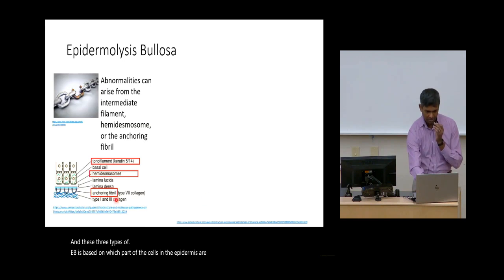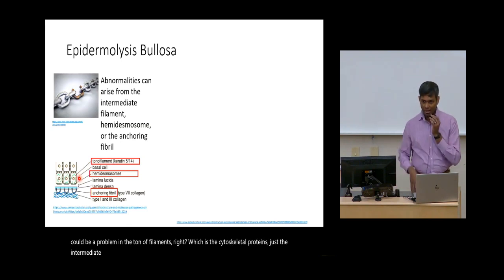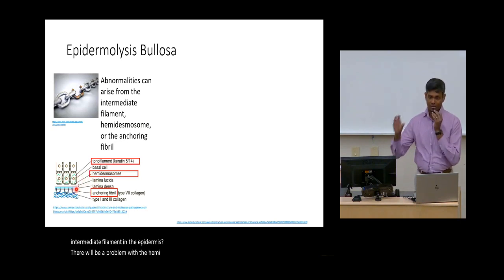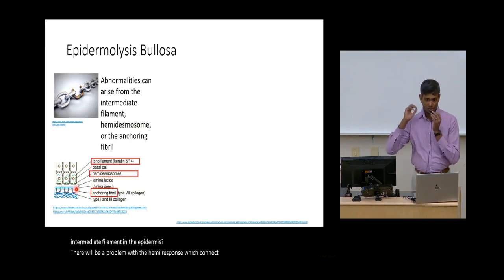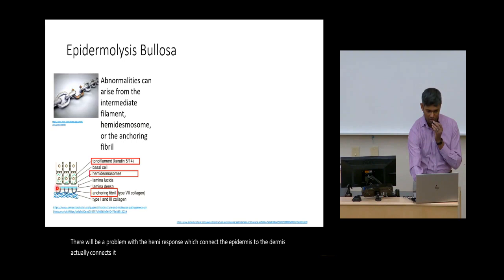So we find that there could be a problem in the tonofilaments, which are the cytoskeletal proteins. It's just the intermediate filament in the epidermis. There could be a problem with the hemidesmosomes, which connect the epidermis to the dermis. Actually, it connects it to the basement membrane, shown here in blue.